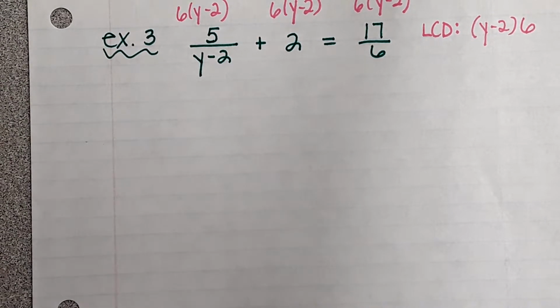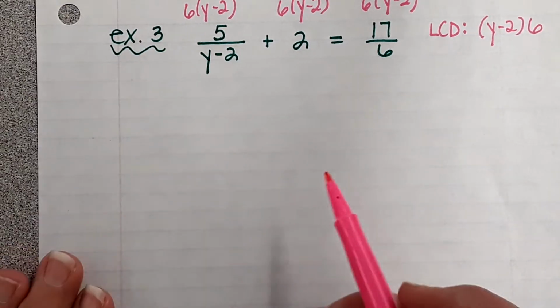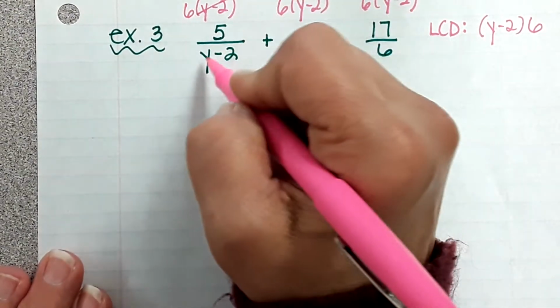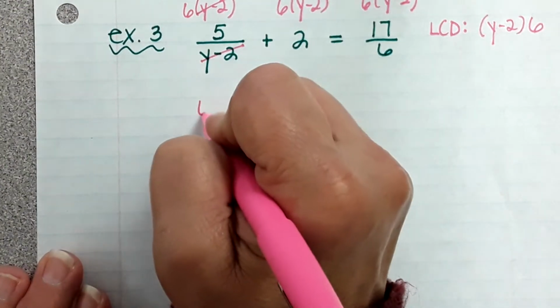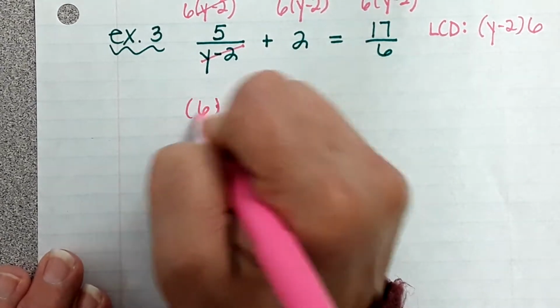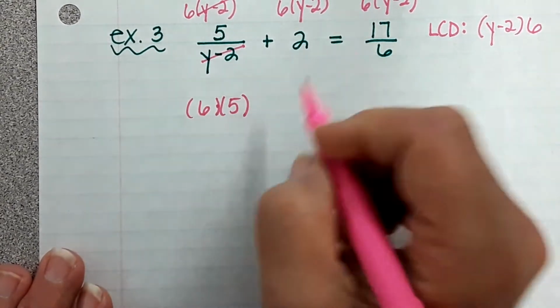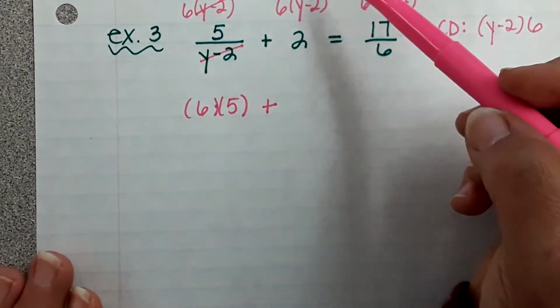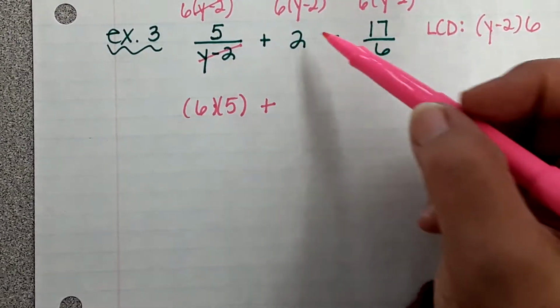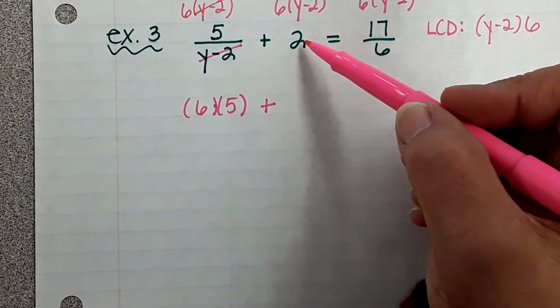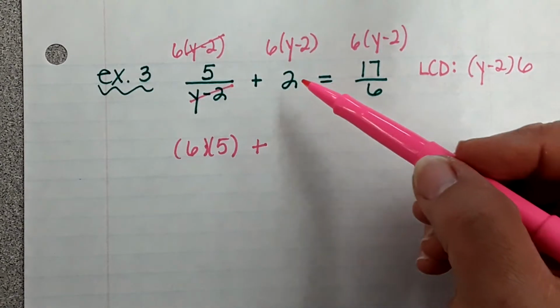Now what can I cancel out in the first term? Y minus 2, and I'm left with 6 times 5, plus. This 2 can't cancel out because it's not a denominator, it's a whole number.